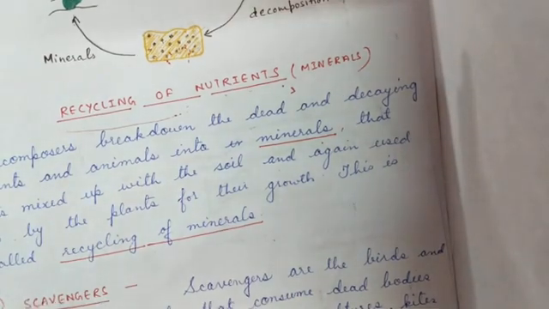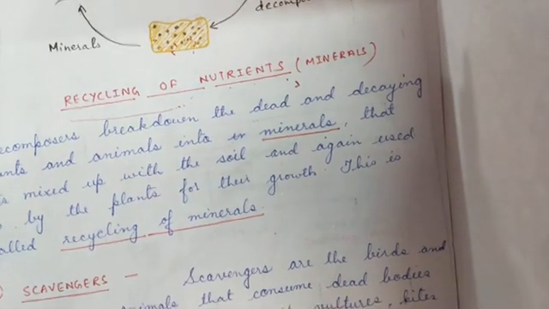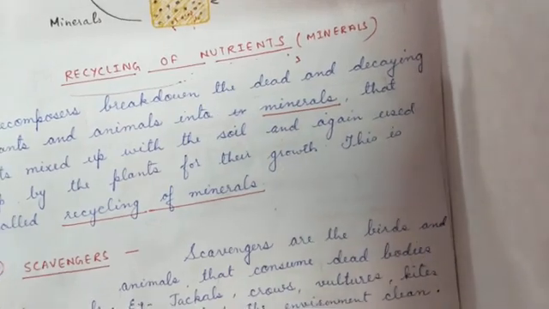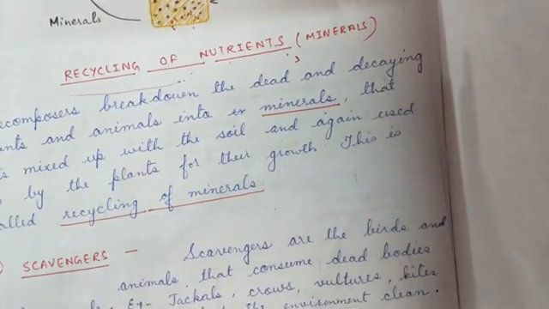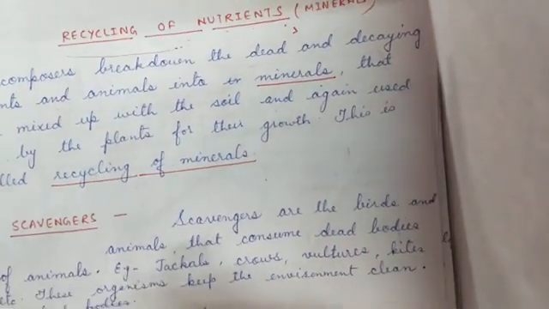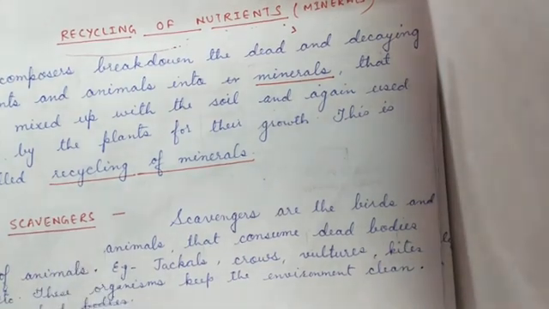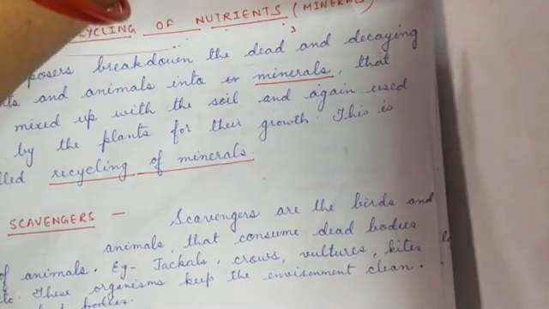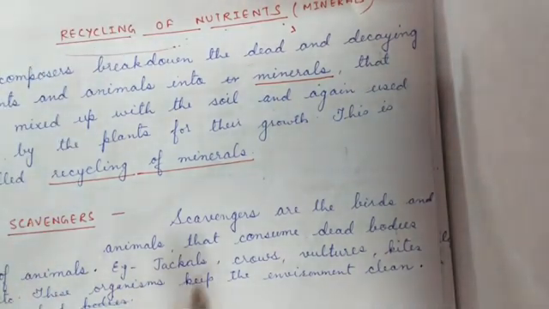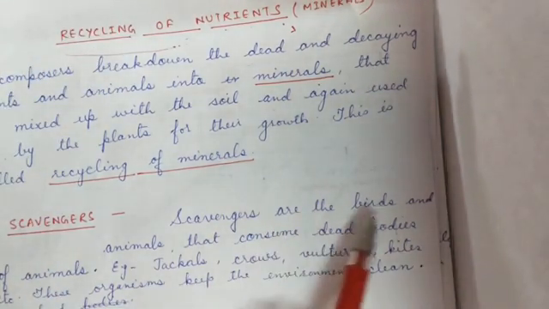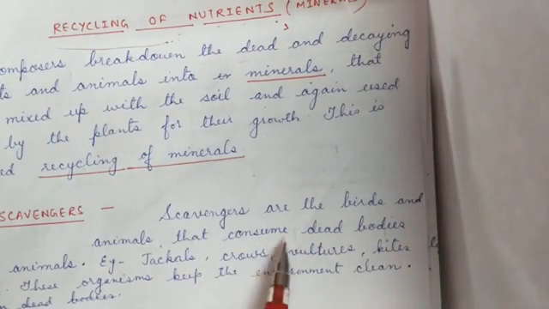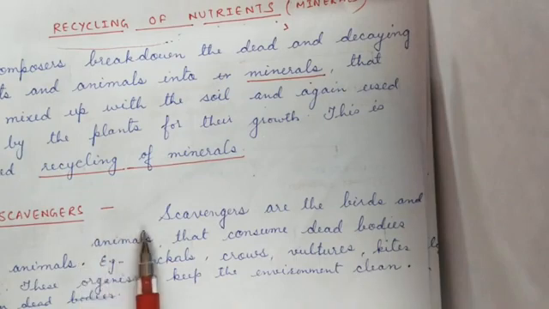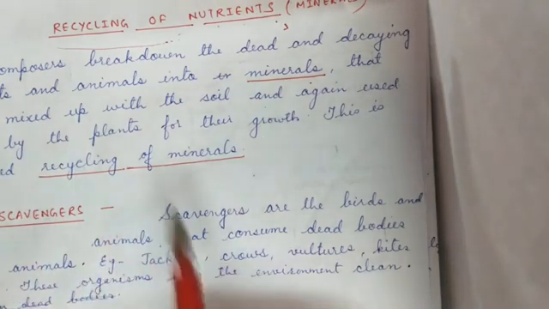Now, one more group of biotic component is there, that is scavengers. Now, what are scavengers? They are the birds and animals that consume dead bodies of animals. So they are also such animals who consume the dead bodies.